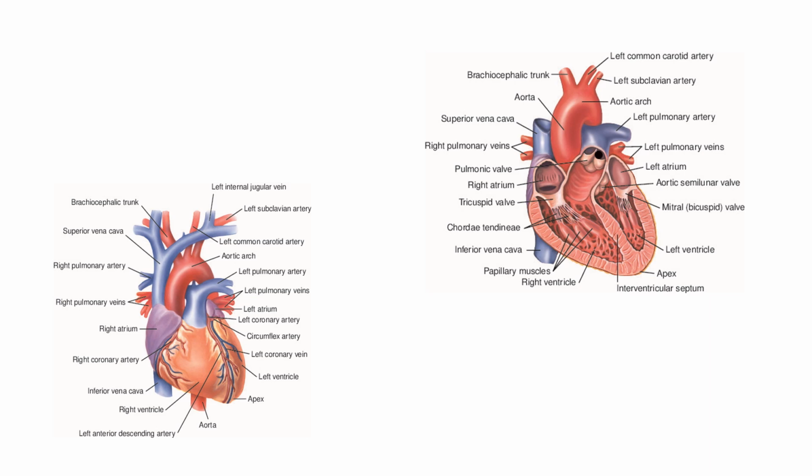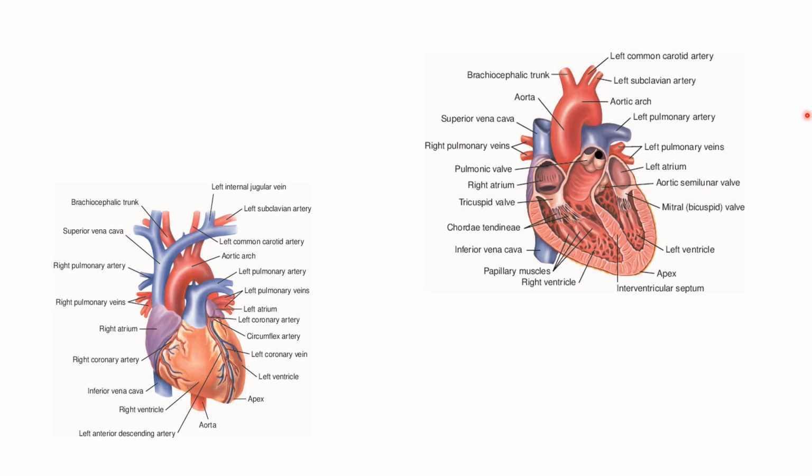So here are a couple of views of the heart. You have the interior view over here on the right, and on the left is the anterior view of the heart.